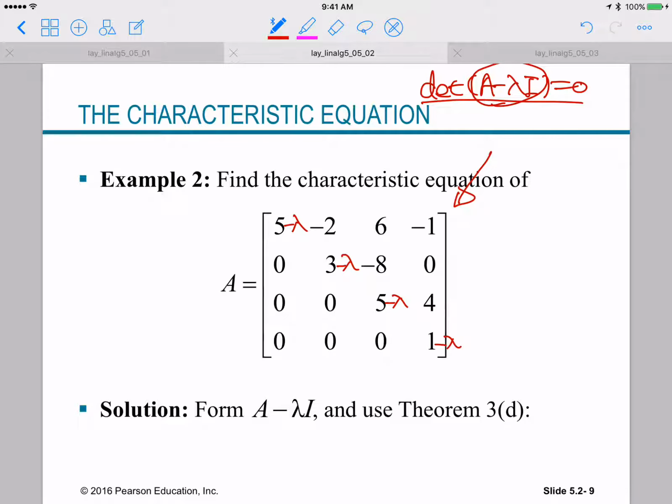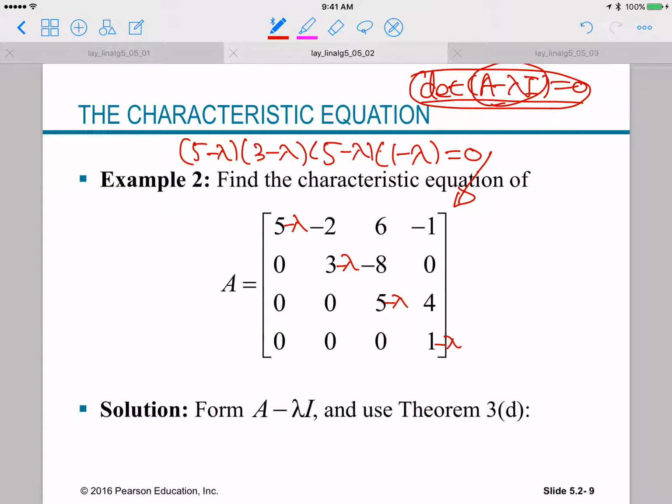But fortunately, this is an upper triangular matrix, so as the student mentioned, in this special case we can simply write this characteristic polynomial as (5 minus lambda)(3 minus lambda)(5 minus lambda)(1 minus lambda) equals 0, because the determinant of this matrix is simply the product of all these diagonal entries. Then the solution of this equation can be easily obtained.